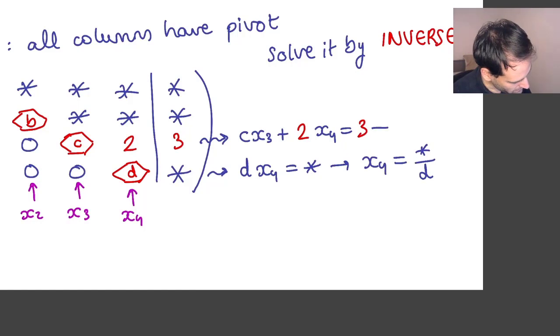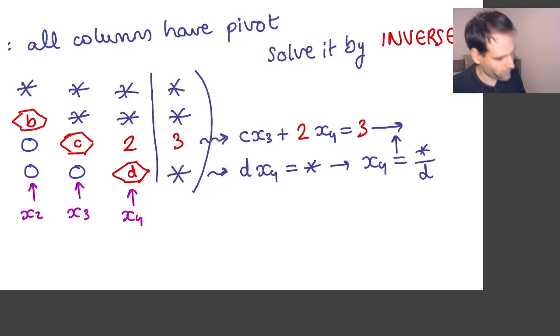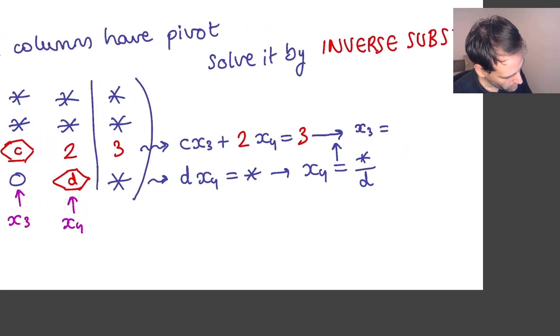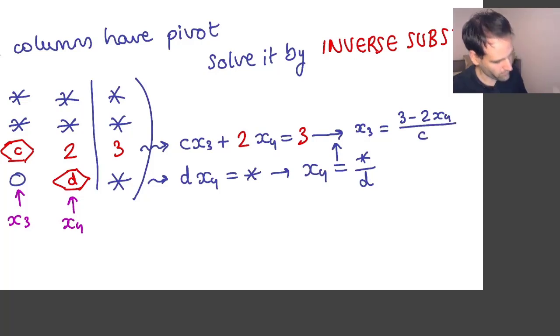So then it means that by substituting the solution of x4, we can calculate x3, because x3 is simply equal to 3 minus 2 x4 divided by c. We can solve for x3. Let me go back to asterisks so that I'm keeping this general.